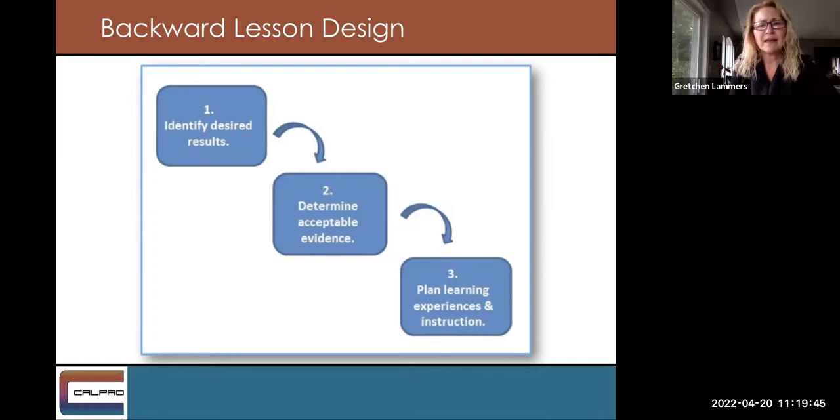Then we think about the evidence that will show us that they know how to do that desired outcome. And then, and only then, do we go about planning our learning activities and our instruction. This is a design principle that is prevalent in many fields, not just education, and even in our own personal lives. So that's not going to be a big jump for us.